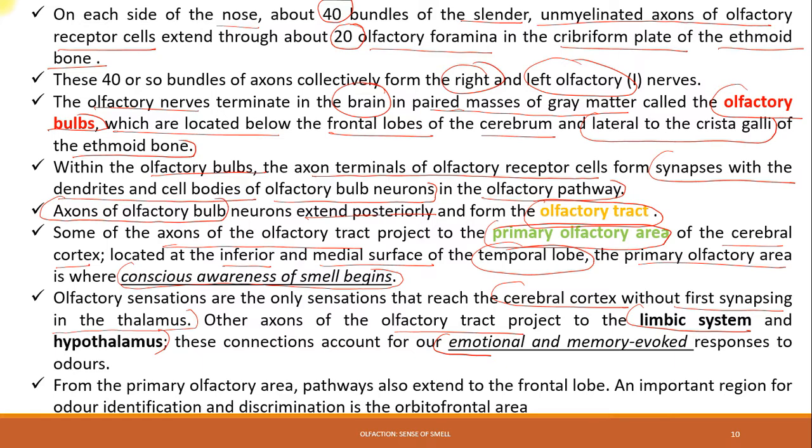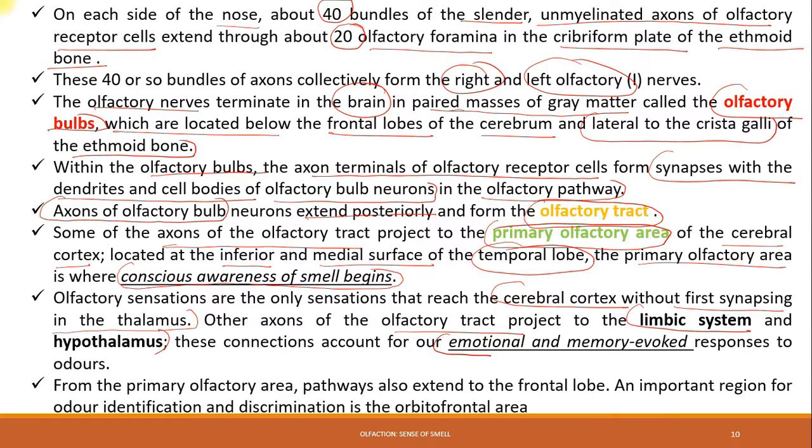How do you know that? It is because of the limbic system and hypothalamus. They store those memories, the information of those odors, and by means of these memories you can get acquainted with the odors which you have felt in the past.